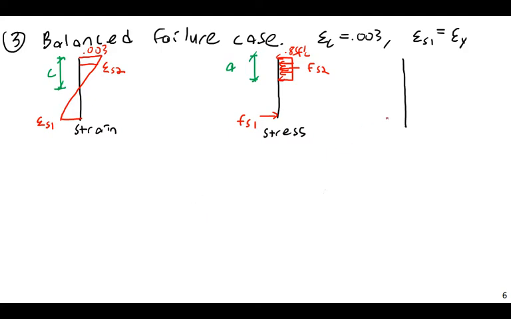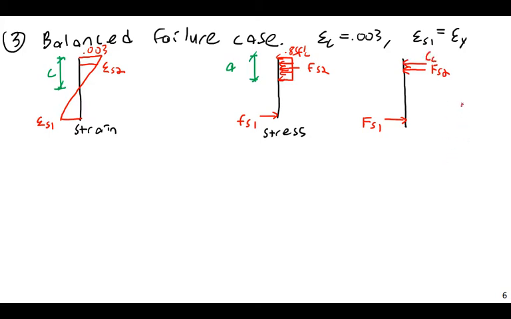I'll have some capital F_S1, which would be the force in the tension steel. I'll have some capital F_S2, and this is going to be the force in the compression steel. And then I'll have something that I'll call C sub C, the compression capacity of the concrete.